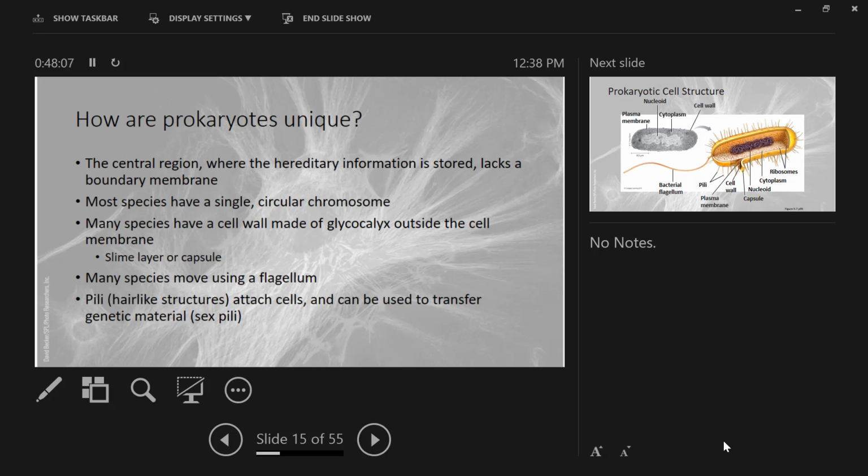And so bacteria transfer genetic information like crazy, which is one of the reasons why antibiotic resistance develops so quickly. Because if you've got one individual that's antibiotic resistant, it can very easily transfer that information to another individual. And now you've got two individuals that are antibiotic resistant.